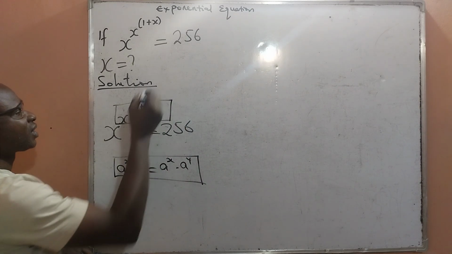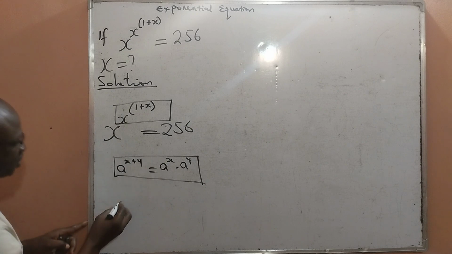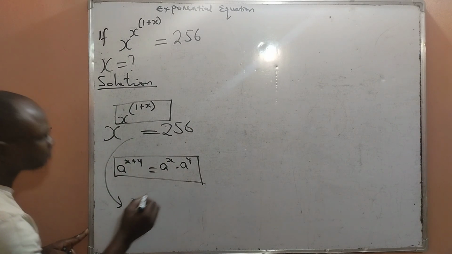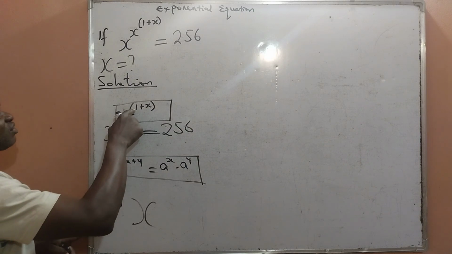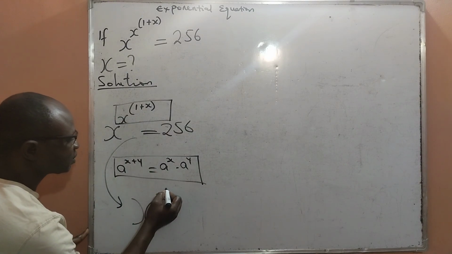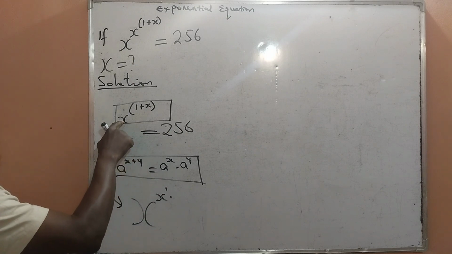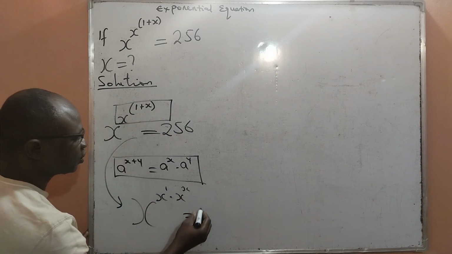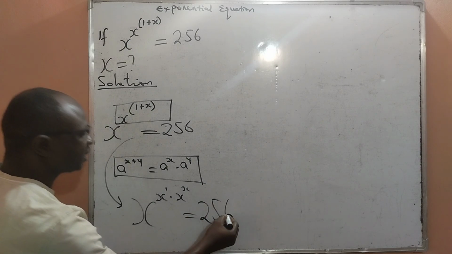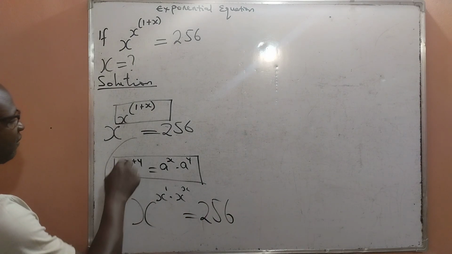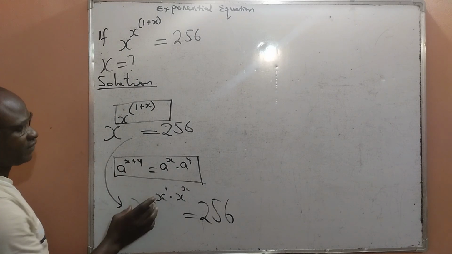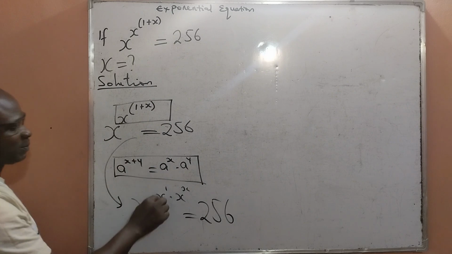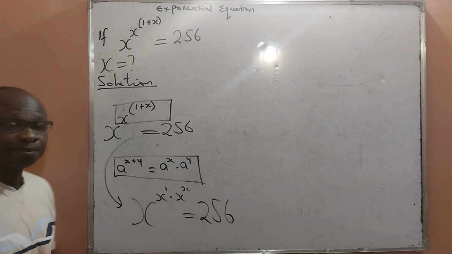Therefore, I will write x raised to the power 1 multiplied by x raised to the power x, the whole of this equal to 256. Now, I have applied this law in this given question. The exponential part is split in this form.